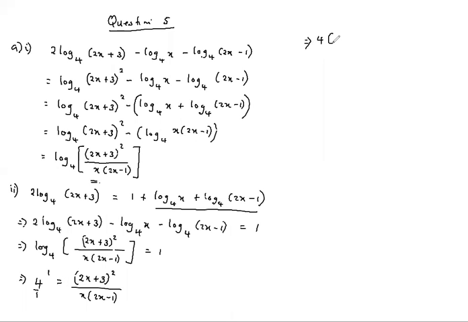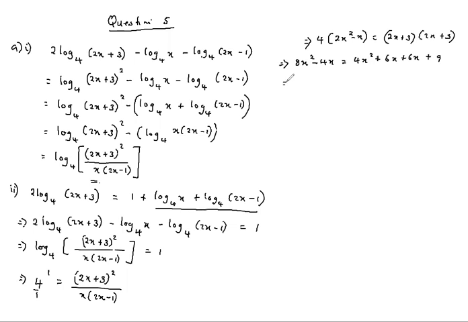As I'm cross multiplying, I'm expanding also there. 4 times (2x squared minus x) is equal to, I'll put this in this form so that it doesn't seem to be a shortcut, (2x plus 3) squared. This implies that you have 8x squared minus 4x is equal to 4x squared plus 6x plus 6x plus 9.